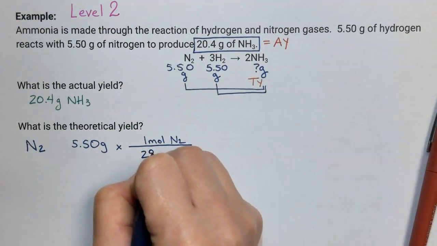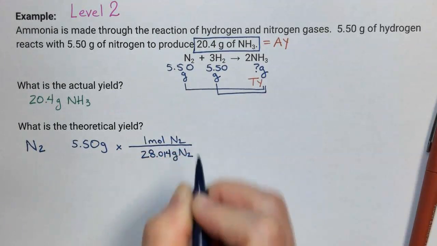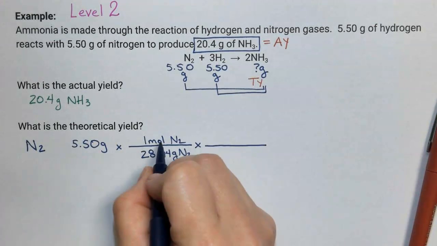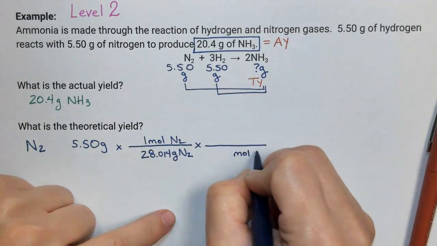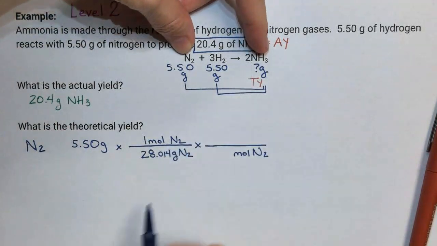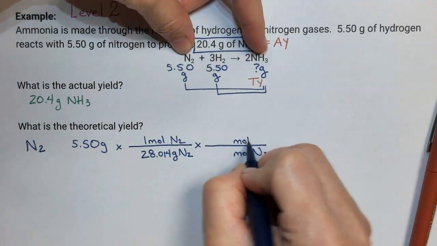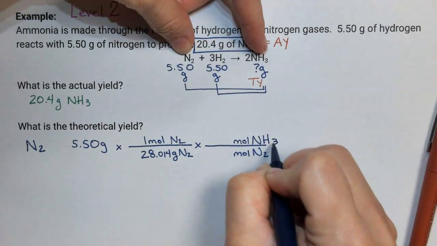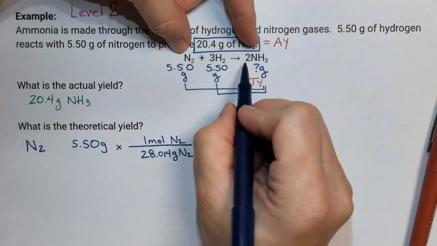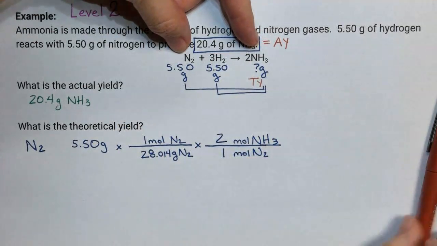That's going to get me 28.014 grams. Times, draw a line. Remember to bring down moles of nitrogen. And here I want to do my mole to mole ratio from moles of nitrogen to moles of ammonia. It's going to be 1 nitrogen to 2 ammonia.